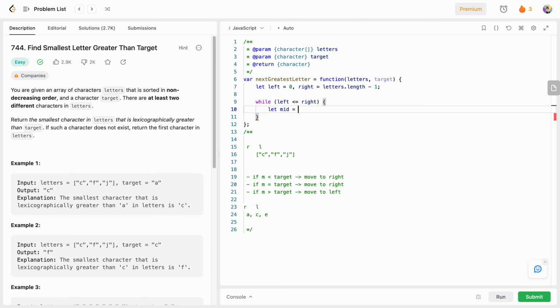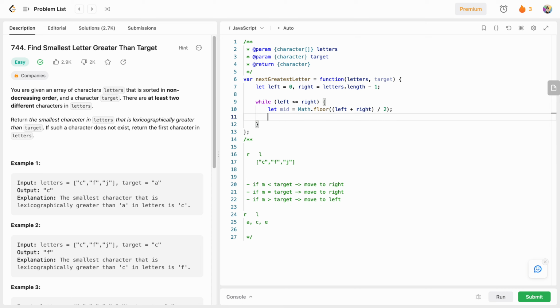So mid is equal to Math.floor of (left plus right) divided by 2. We are always taking the floor value. And now we are going to check for these cases. If the value at mid is less than or equal to the target, we move to the right. If it is less, we move to the right. If it's equal, we also move to the right.